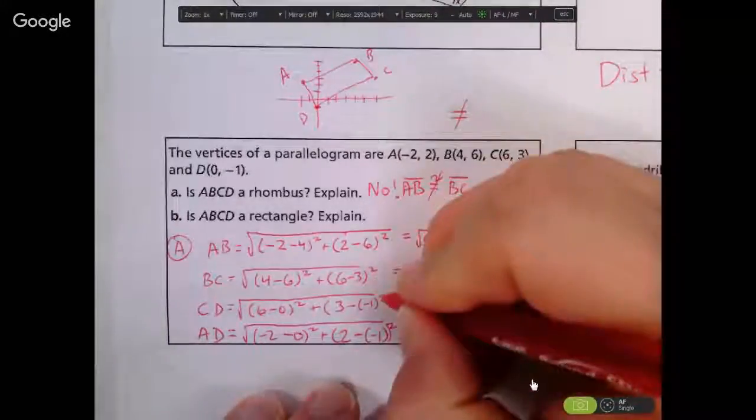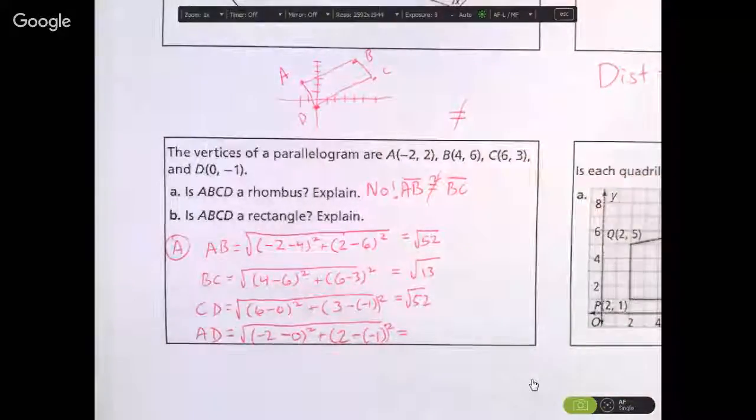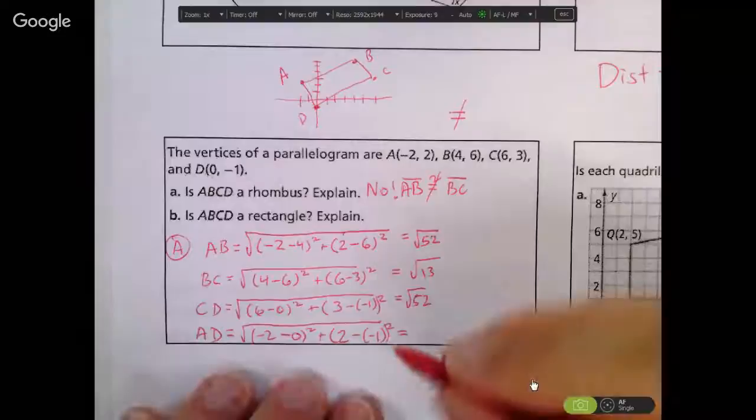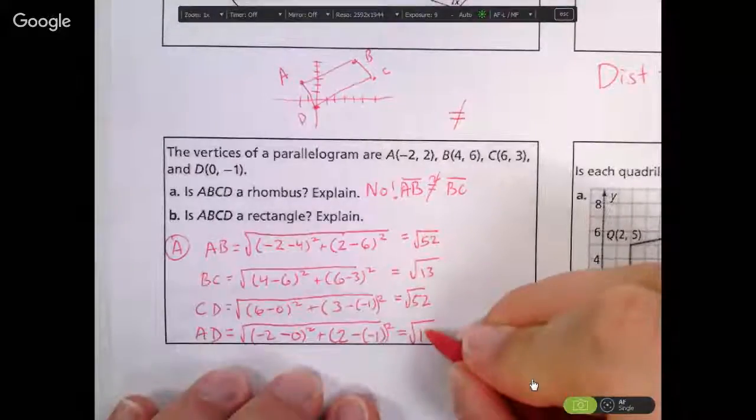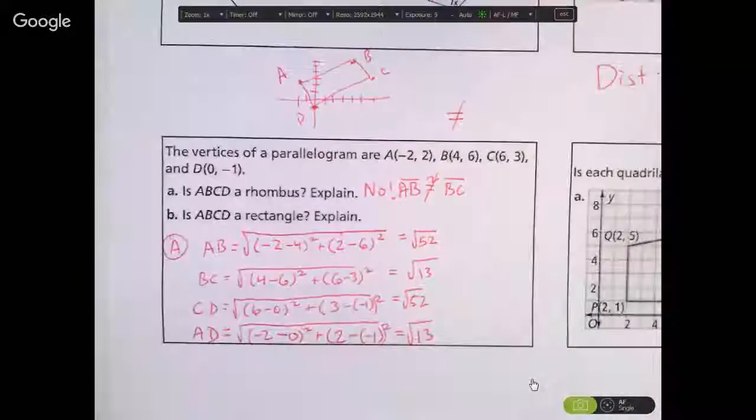Isn't the last one 13? 2.6457, because you did square root. Is it 13? We don't have to really get precise. We just need to see that those are either the same or not the same.